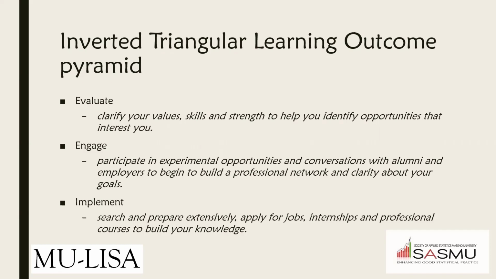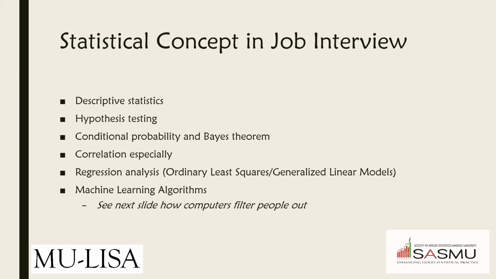Do you have the skill sets required for the market? And then you engage actively by preparing yourself, networking and all that. And then you also implement by going out to sell yourself. This was something very new for me and I learned a lot.